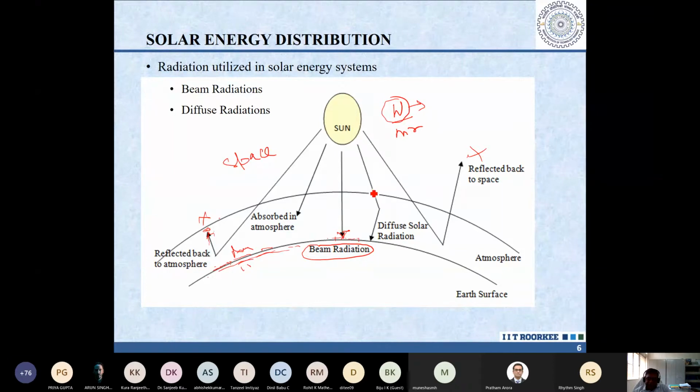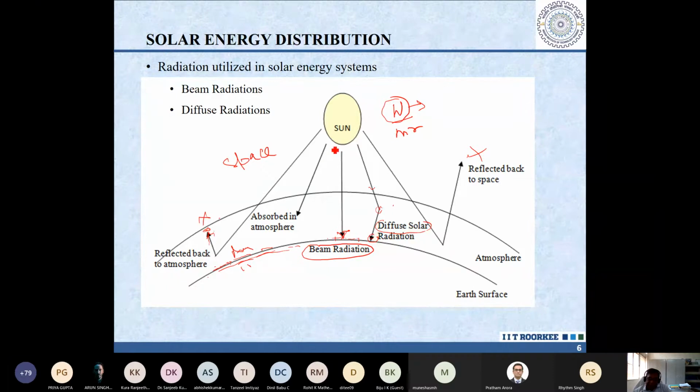Diffused means its original direction was this when it entered the atmosphere, but after reflection or deflection by particles, which can be water vapors or dust particles present in the atmosphere, it changes direction, and it may also lose some intensity. That solar radiation reaches me, but indirectly. That is known as diffuse solar radiation. So these two parts are available to me.